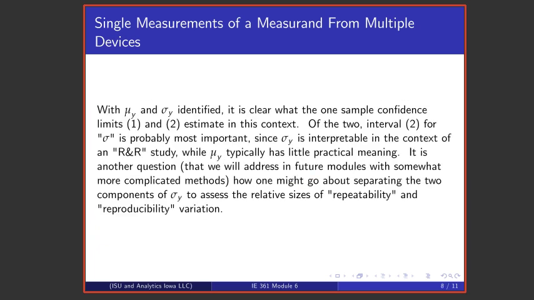And so in that case, the t-interval is not so interesting, but rather the chi-square interval is probably more important because it helps quantify so-called R&R, repeatability and reproducibility variation.